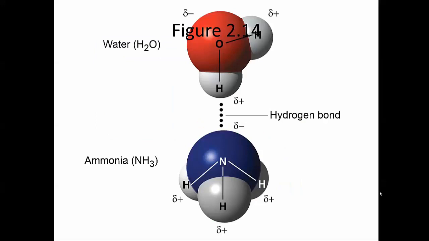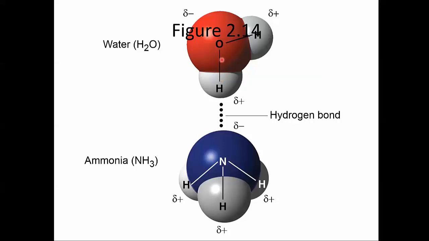Another example of a weak bond, even weaker than the last one we saw, is a hydrogen bond. We'll talk more about hydrogen bonds later, but they occur between two molecules. Because oxygen and hydrogen do not share electrons equally, this hydrogen and this oxygen are covalently bonded together.